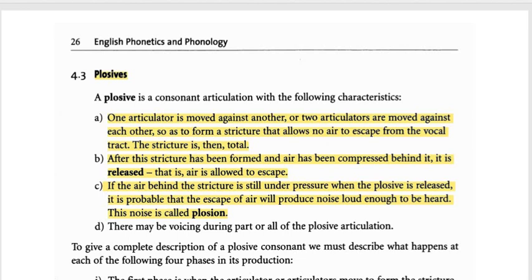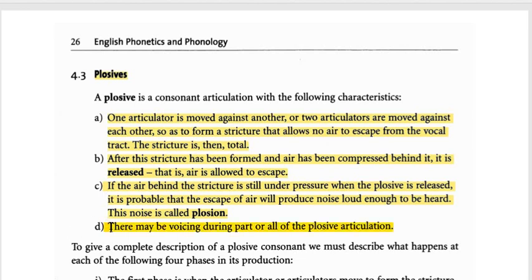This noise is called plosion. The plosion happens when the air is compressed and then released. When I have no air behind the structure, it will create no plosion. But when I compress the air and release it, this will definitely cause a noise that can be heard. So this is called plosion.